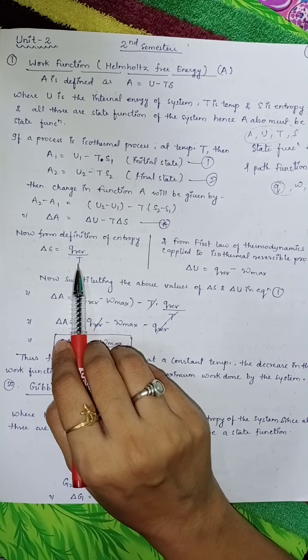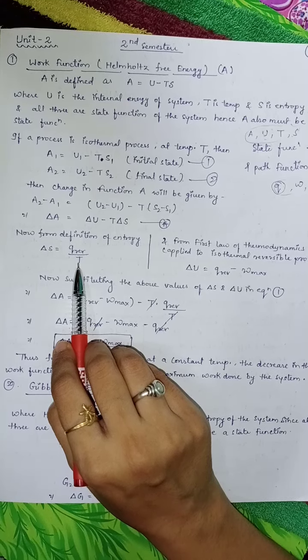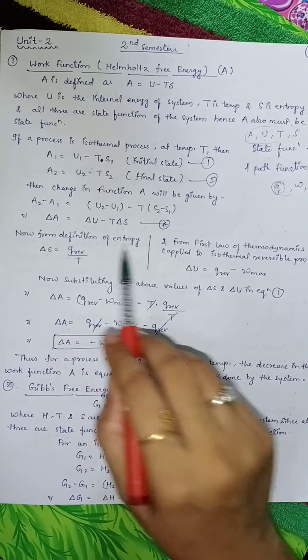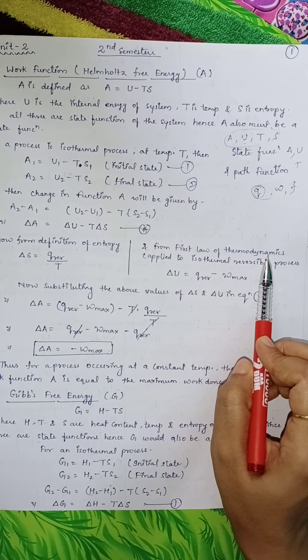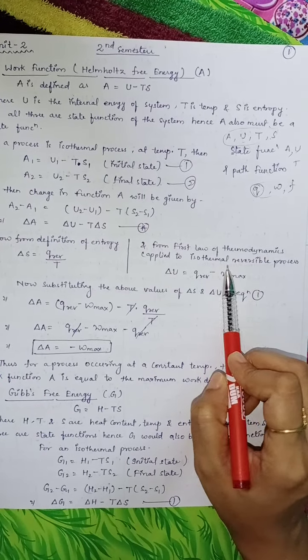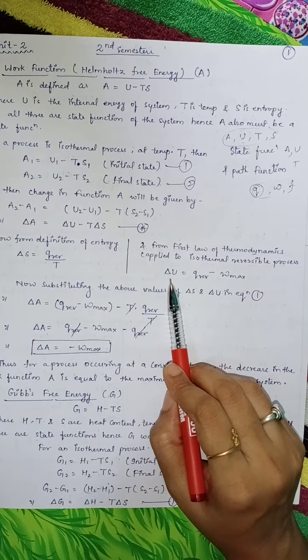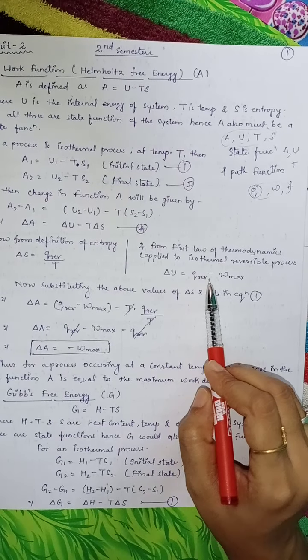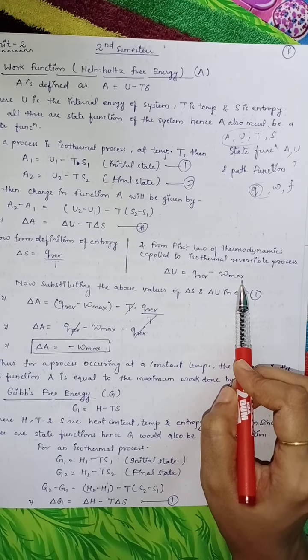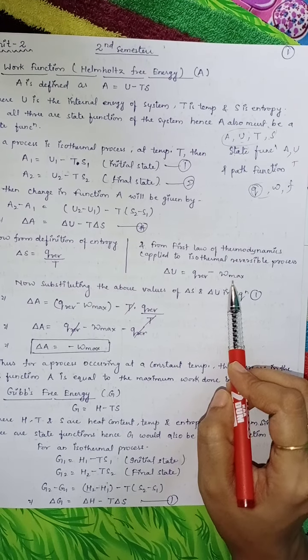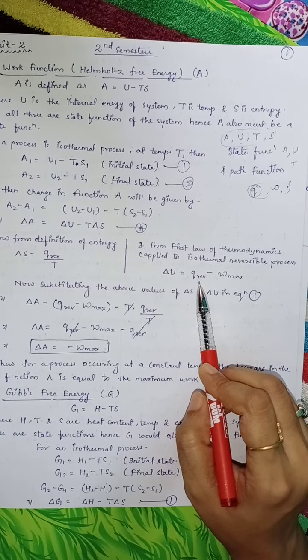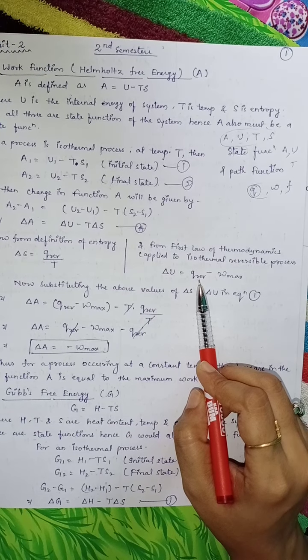Of course you have to recall your first law of thermodynamics too. From the first law of thermodynamics, when applied to an isothermal reversible process, the value of del U equals Q reversible minus W max. So we will put the values in the equation.